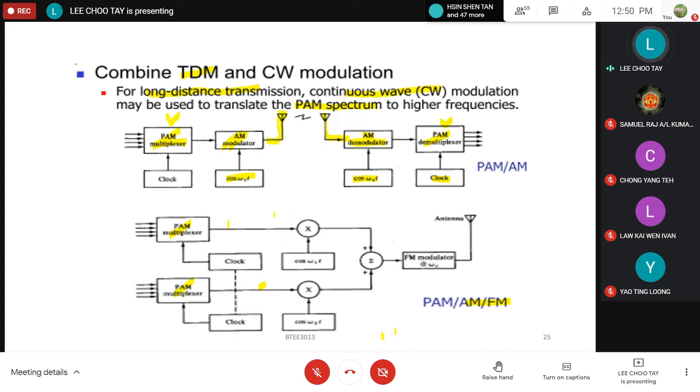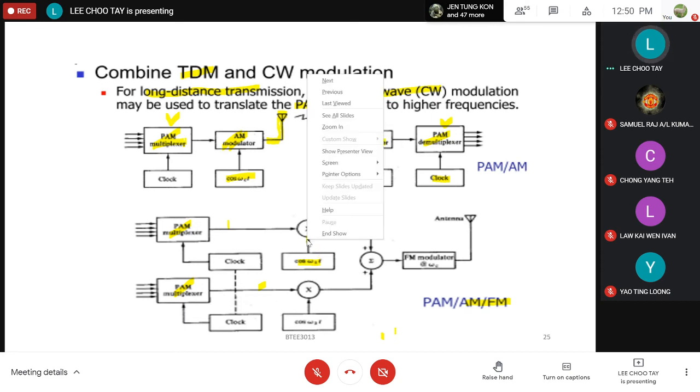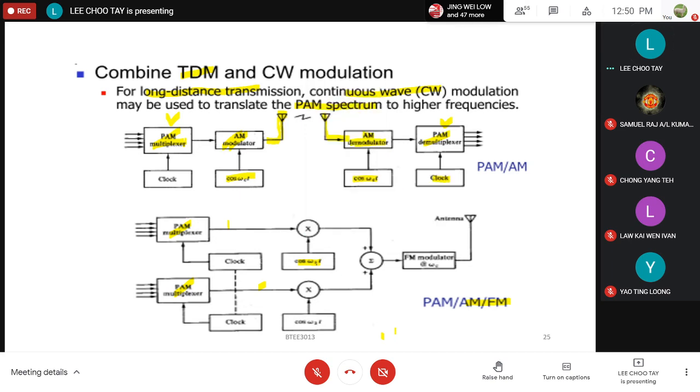These two sets of PAM signal are used to modulate different carriers. This is carrier frequency number one, and this is carrier frequency number two. These two are using different carrier frequencies. Therefore, they are going to occupy different spectrum, centered at different frequencies.